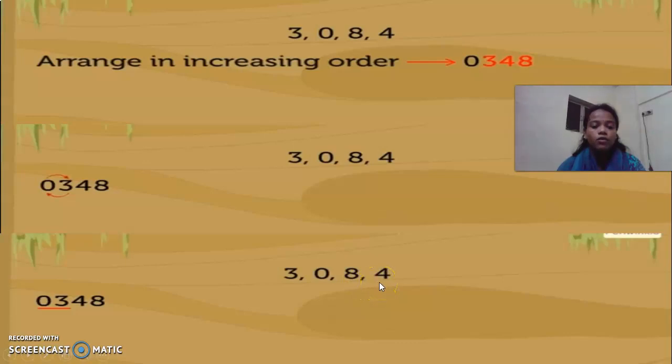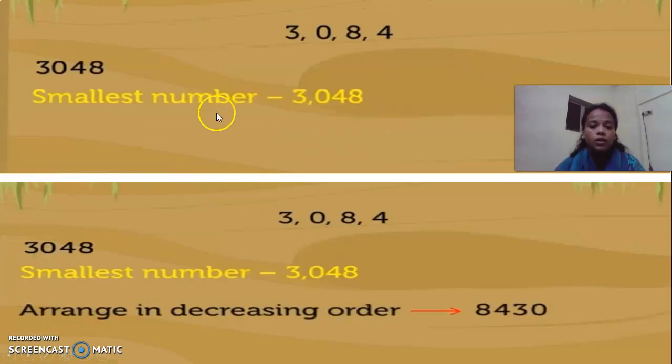Then we have smallest number as 3048. Now to form greatest number, we arrange it as 8430. Thus, we get the greatest number as 8430.